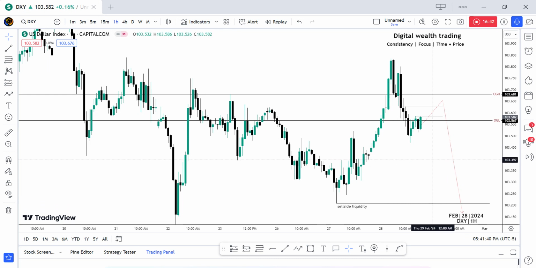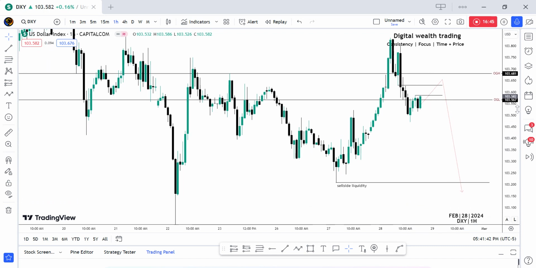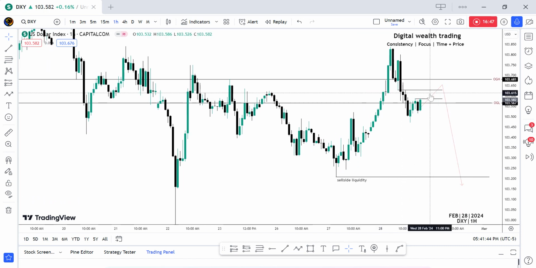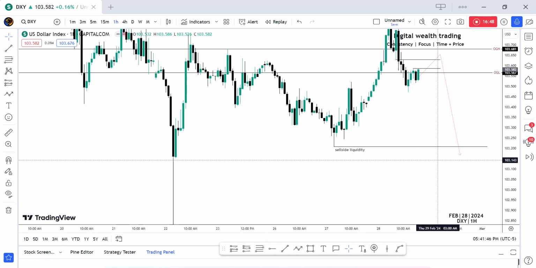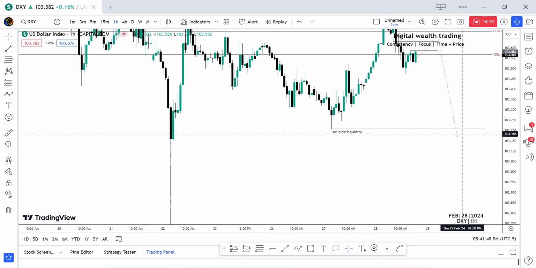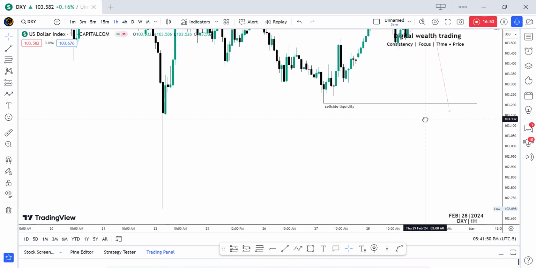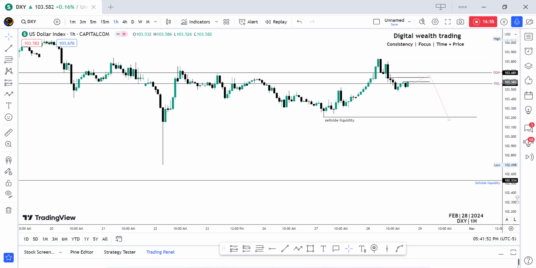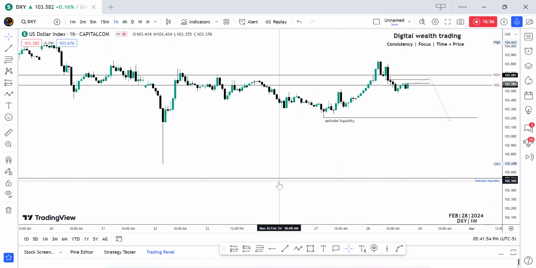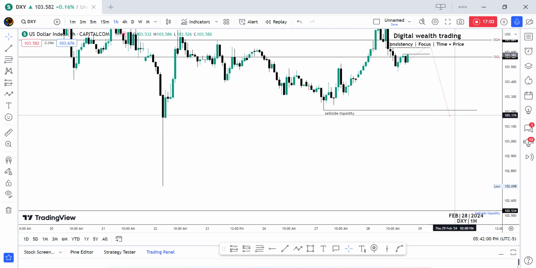So this is an ideal day, and if Thursday did price lower, then I'm anticipating either Friday to price back into the range or continue the lower prices to get into this higher time frame sell side liquidity.